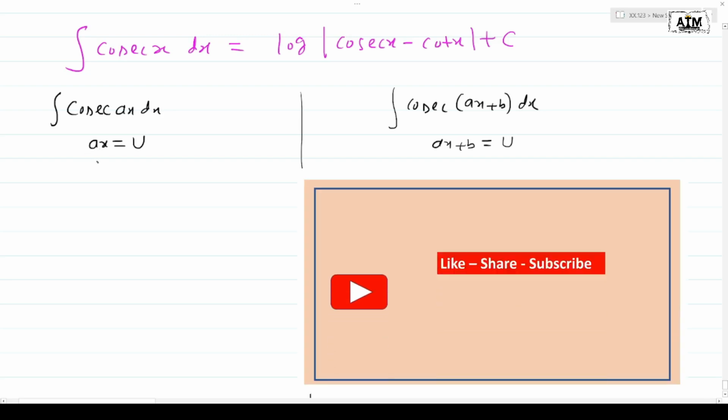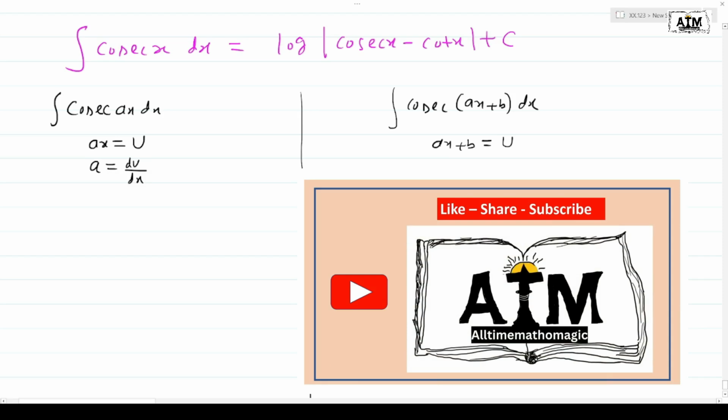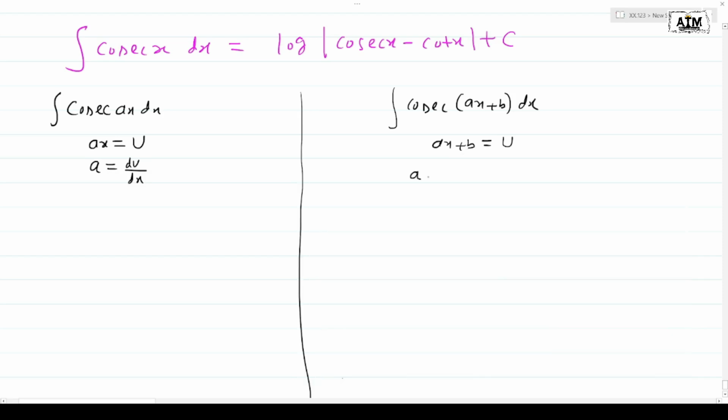Now the derivative of ax is a, equals du by dx, and here the derivative of ax is a, the derivative of b is 0, equals du by dx. On the left side, dx equals du upon a, and on the right side the same thing, dx equals du upon a.